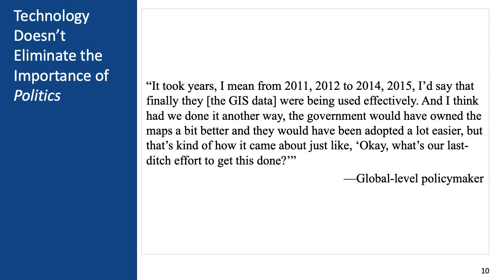And I think had we done it another way, the government would have owned the maps a bit better and they would have been adopted a lot easier. But that's kind of how it came about, just like, okay, what's our last ditch effort to get this done?"